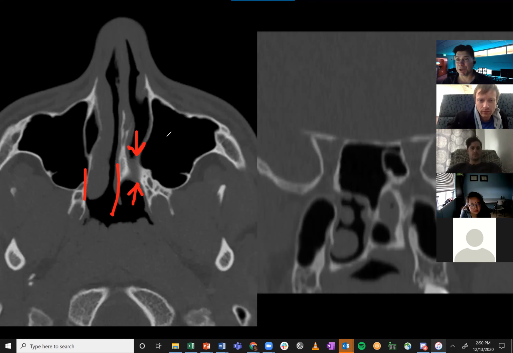It's narrowed. So if this was a pediatric case that had nasal obstruction on one side? Could be a syndrome, but this is just one thing that we're talking about. What if one side of the nose never opened up? Yeah, choanal atresia, or piriform aperture atresia, something like that.